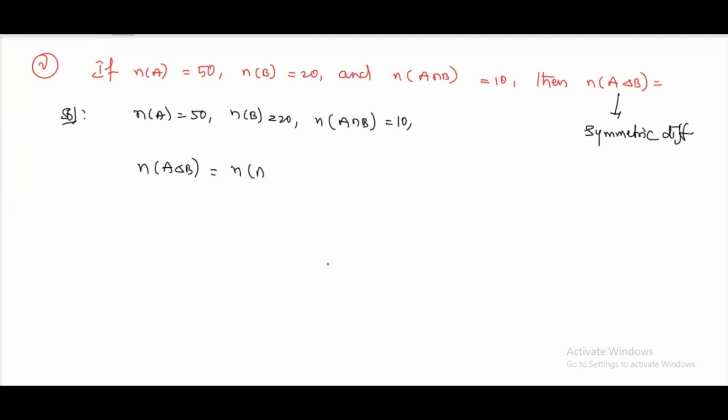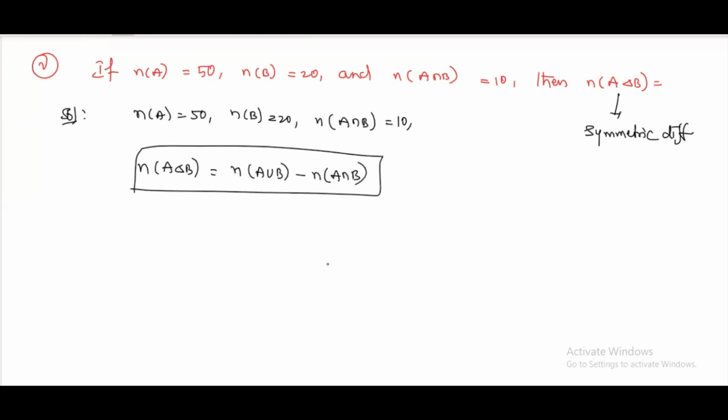Another one is n(A ∪ B) − n(A ∩ B). I am going to use this formula because n(A ∩ B) is already given, so I will find n(A ∪ B). n(A ∪ B) is n(A) + n(B) − n(A ∩ B), which is 50 + 20 − 10. So we will get 60 as n(A ∪ B).